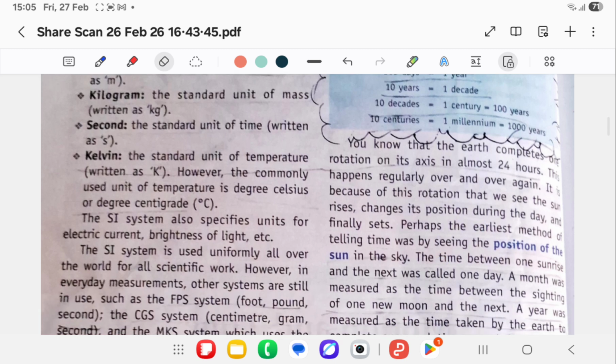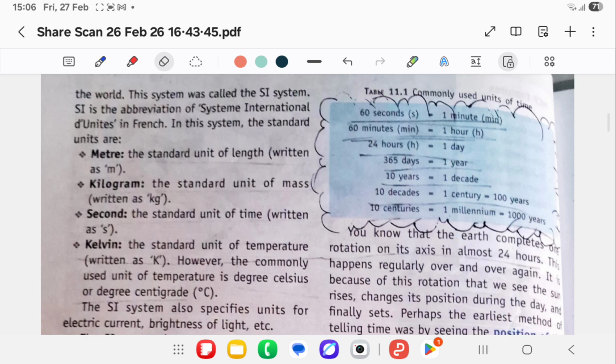Similarly, electric current, brightness of light, loudness of sound, frequency, every physical quantity has an SI unit, meaning the standard unit in which it is measured universally.